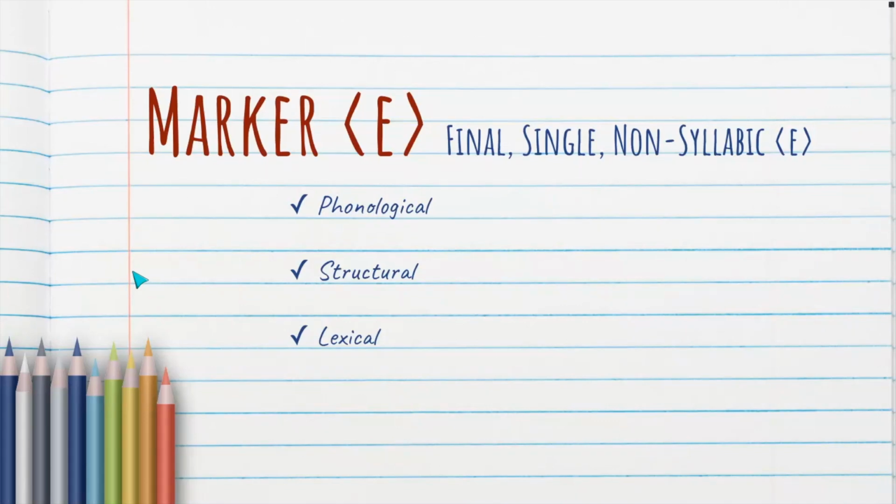Marker E can serve more than one purpose. And here's where we get ourselves in trouble. When we only tell a single part of a story or a definition related to, in this case, an orthographic marker, but in other cases, a prefix or a suffix.